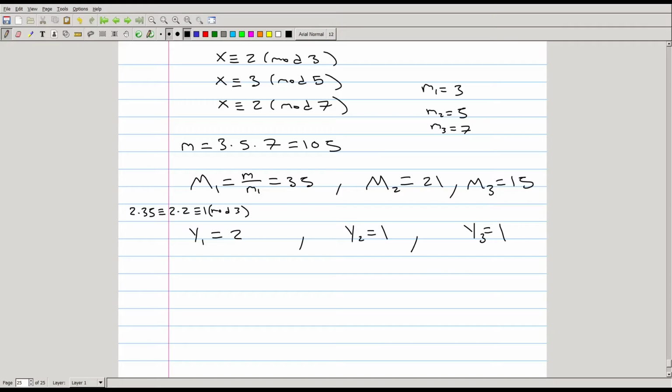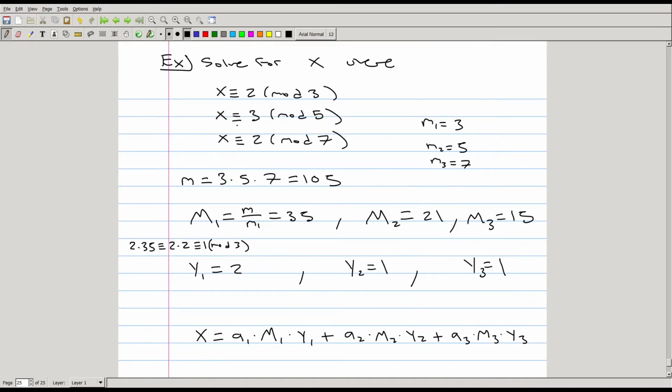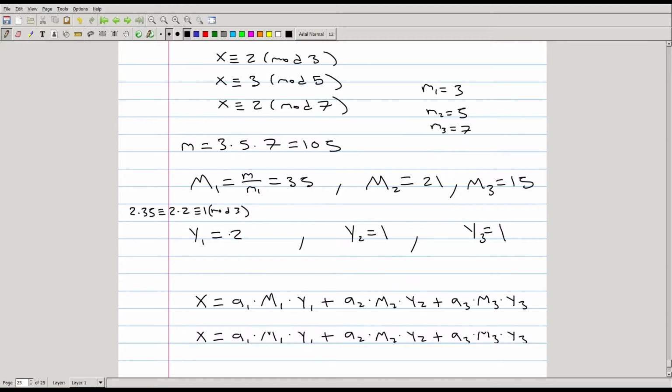So in general, the correct way of going through and constructing a solution based on our direct proof is going to be that x is equal to a1 times m1 times y1 plus a2 times m2 times y2 plus a3 times m3 times y3. And so we know a1 is 2, a2 is 3, and a3 is 2.